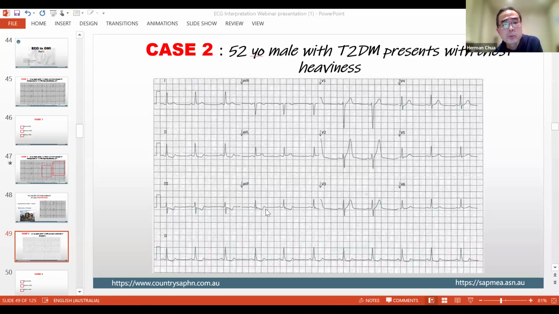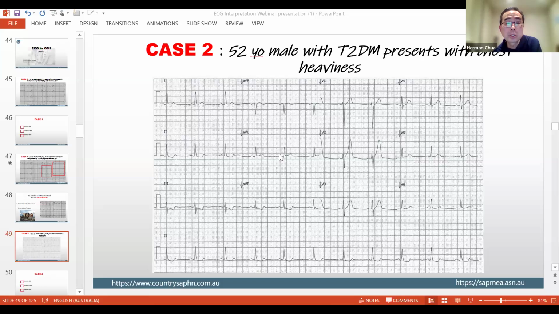So what you see here in leads 3 and aVF is a reciprocal change. Reciprocal to what? To the change that you see in aVL, plus or minus 1. But hang on, I don't see a lot in aVL, and you're probably right. Sometimes the reciprocal change is more prominent compared to the actual change itself in 1 and aVL.